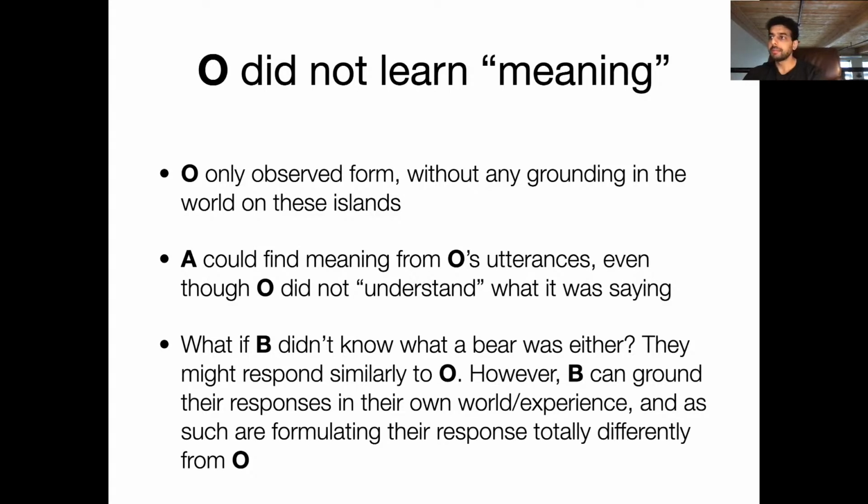But what happens if O at some point gets bored and goes up to the surface and meets one of these people and finds a flower or something, and the person says, "Oh, this flower is purple."